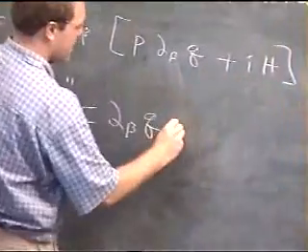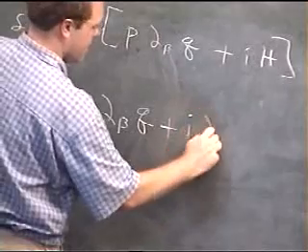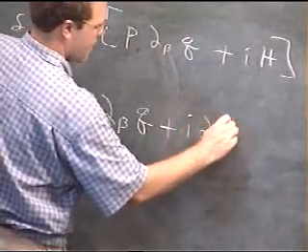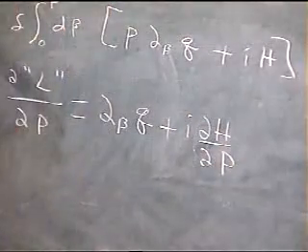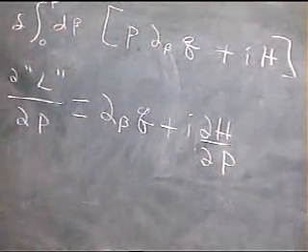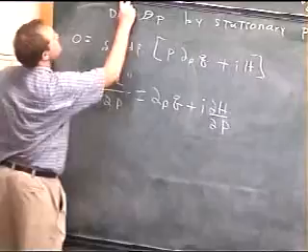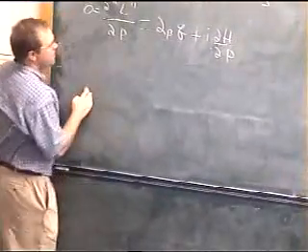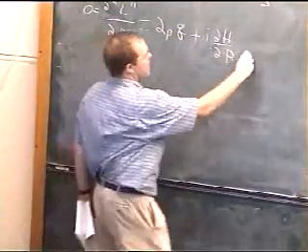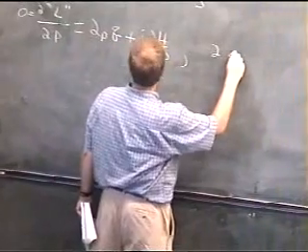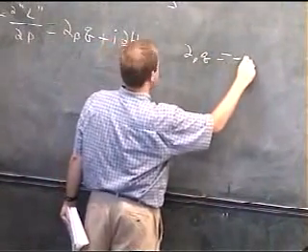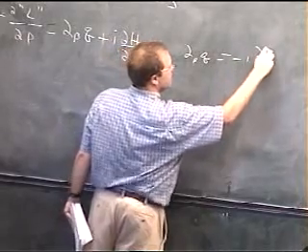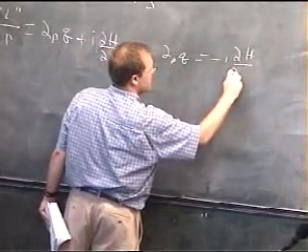Taking the derivative of this term gives plus I dh dp. Okay, good. So as a result, the equation of motion here that we need to solve is d beta q equals minus I dh dp.